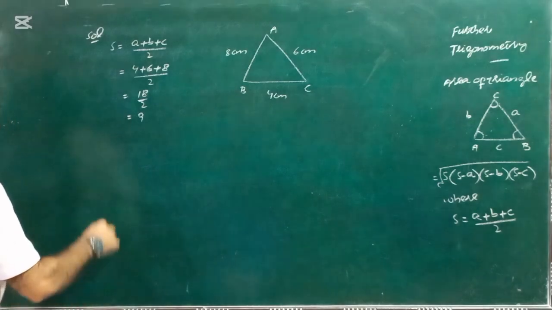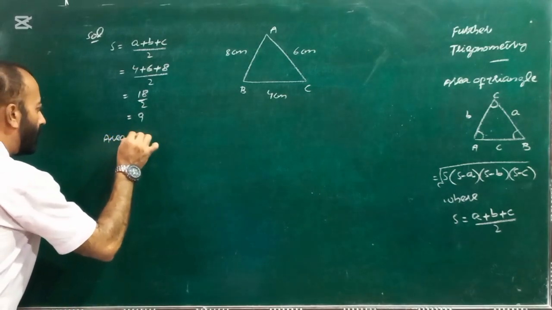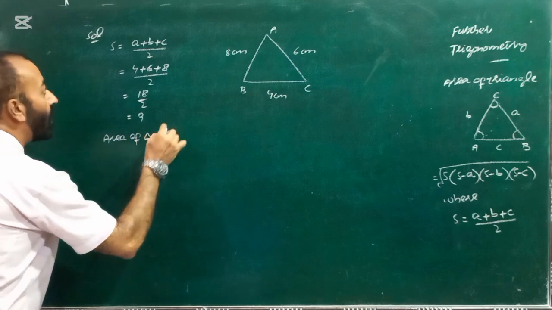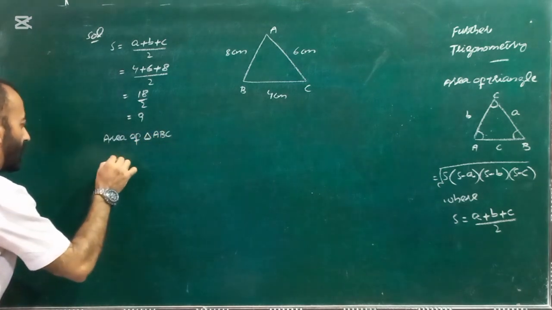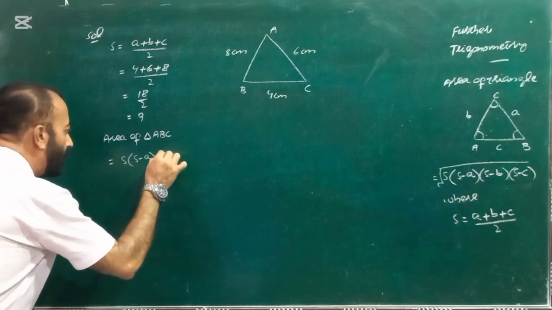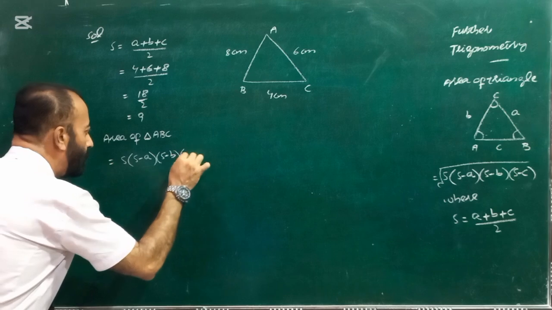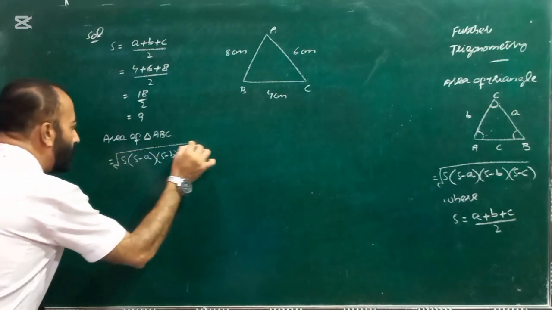So now we will put the formula of the area of triangle ABC that is equal to s into s minus a into s minus b into s minus c whole square root.